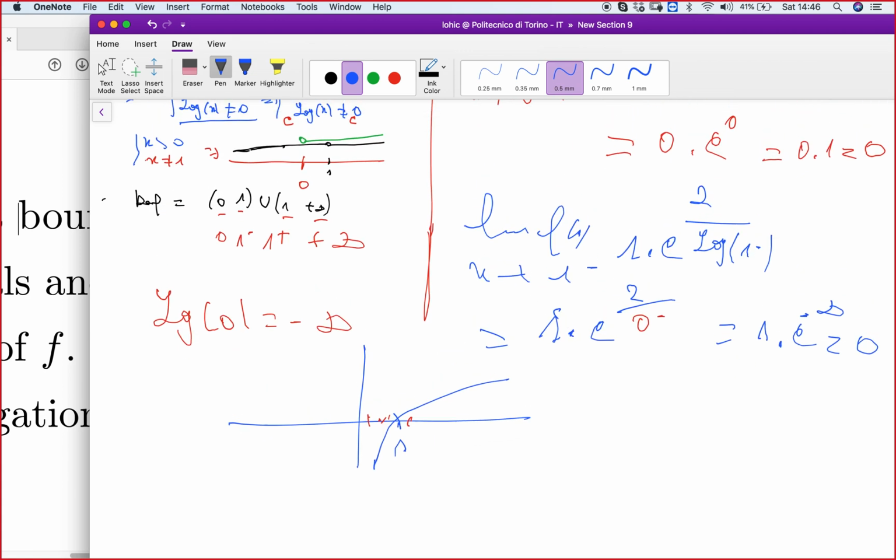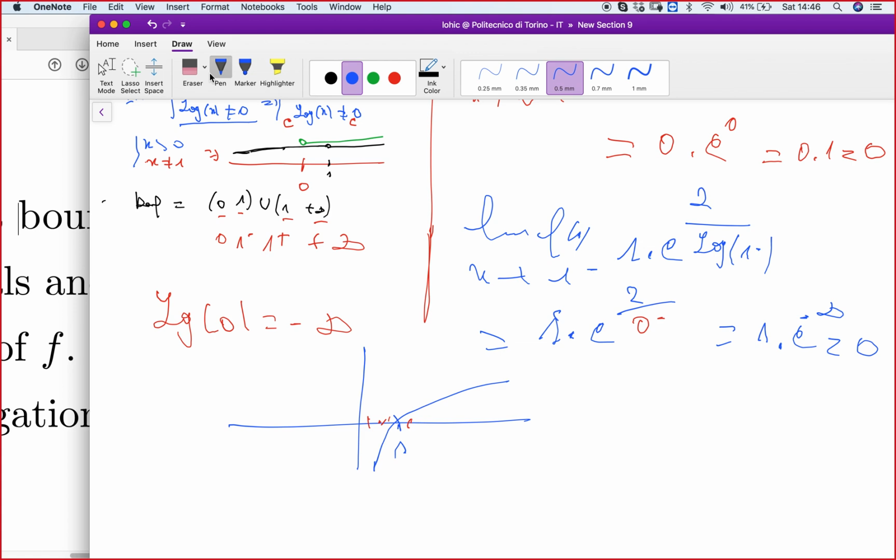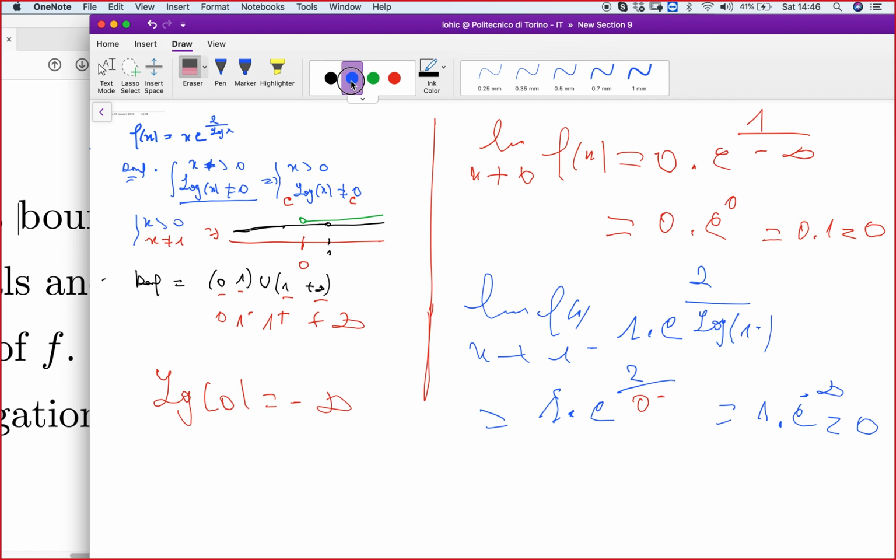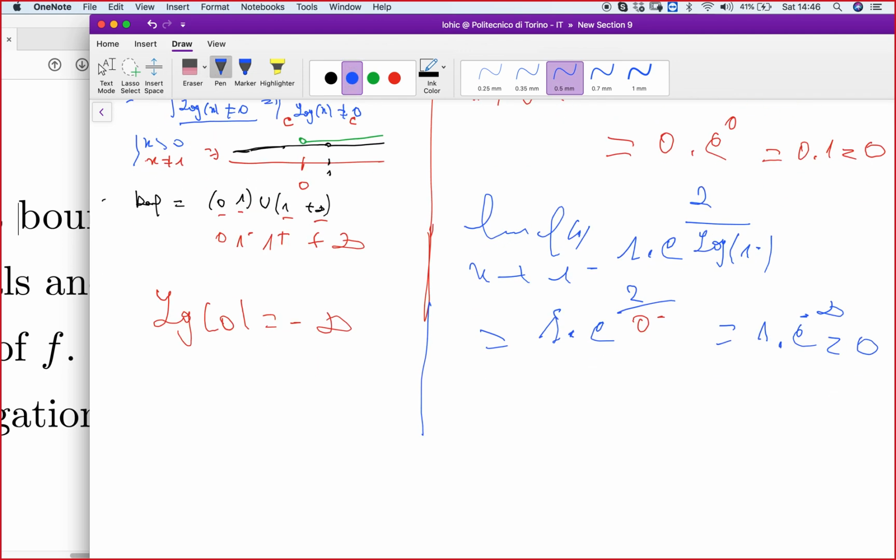Now we continue by finding the next limit.